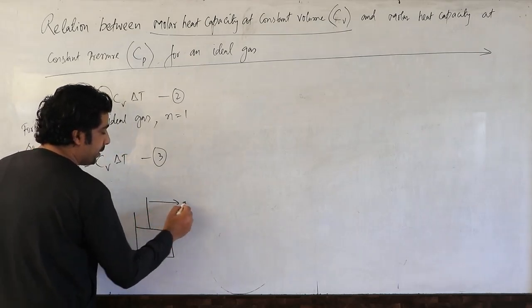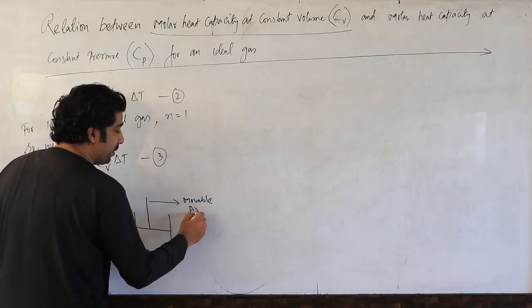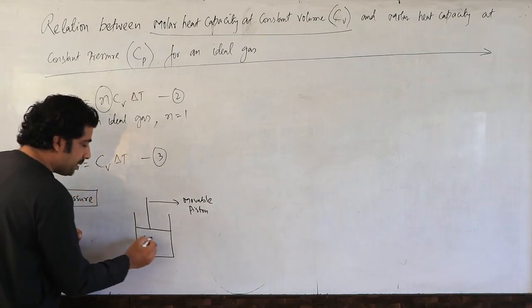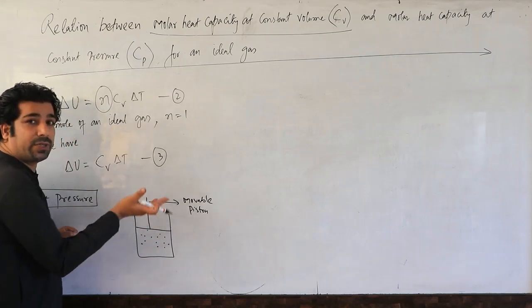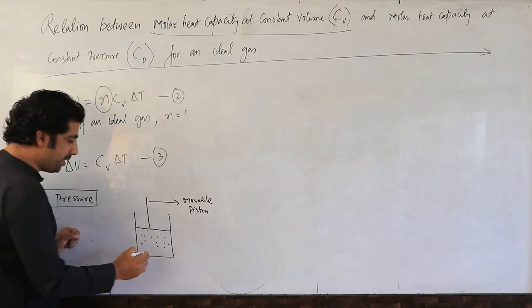Remember here it's a movable piston. That means the piston is able to move up and down, correct? So when the piston is able to move up and down, that means work will be done right out here. So in this case, work will be done.